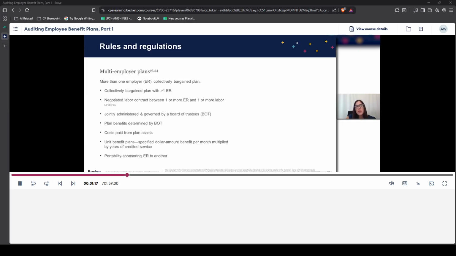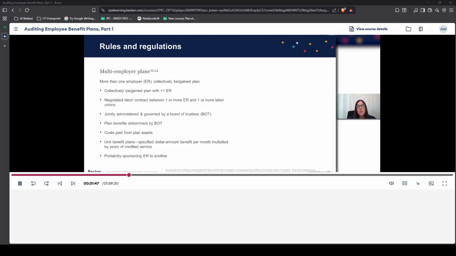One of the other disadvantages with the multi-employer plans is the fact that your records are going to be spread out across the different participating employers. You also have the risk that one of the participating employers may not be operating the plan in accordance with the plan document. But with the multi-employer plan, again, you generally have that collective bargaining agreement between the labor unions and management.